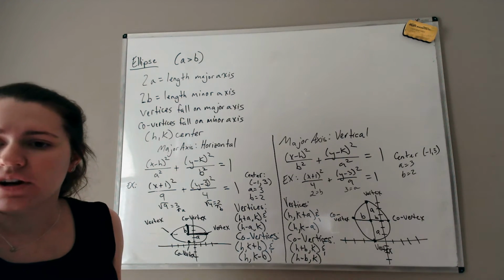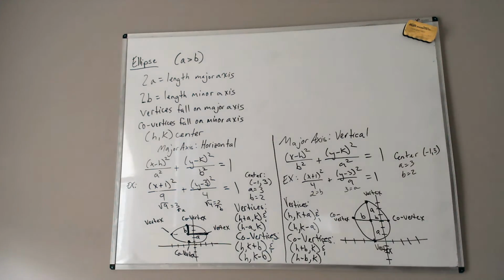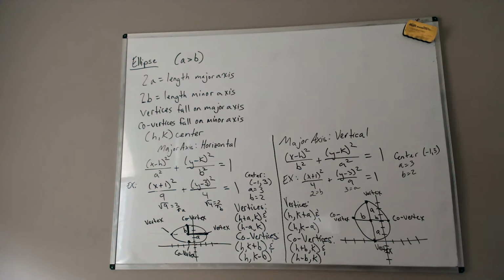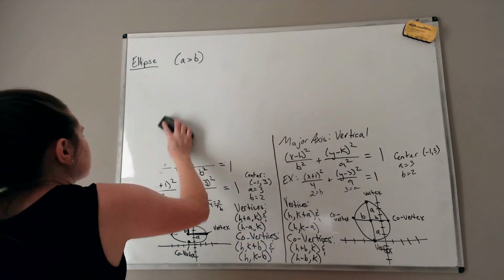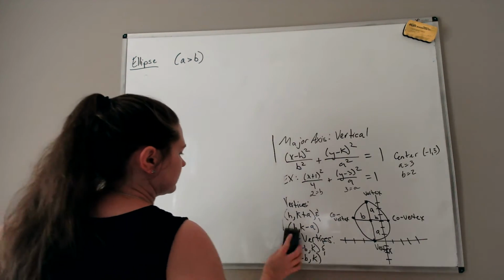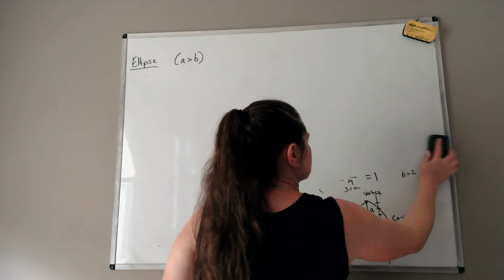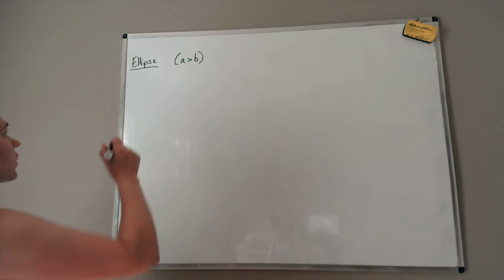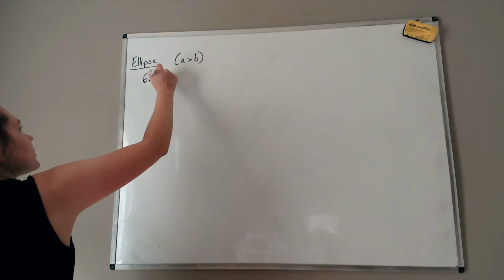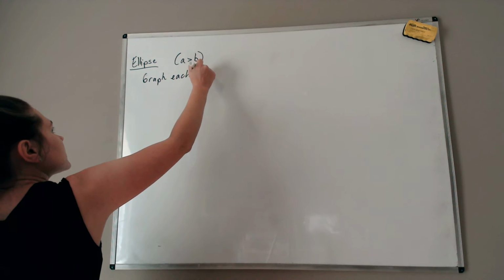We're going to learn about something called the foci, but before we do that, we're just going to practice graphing the ellipse twice. We're going to graph each ellipse, and I'm going to give it to you already in standard form.